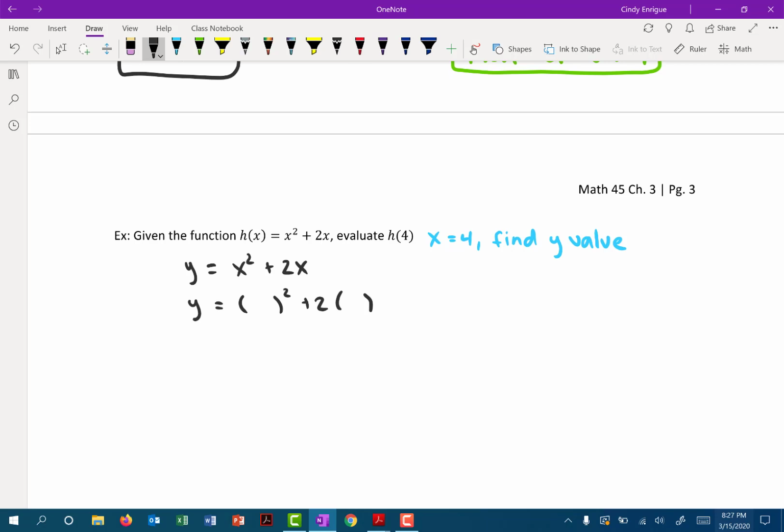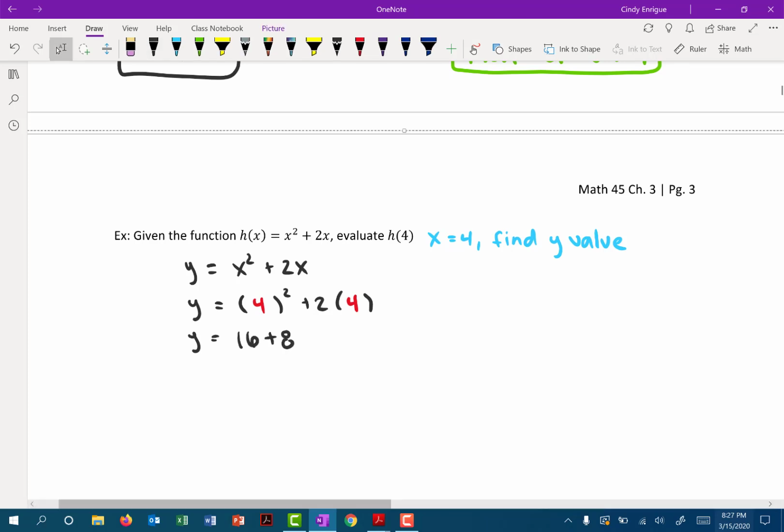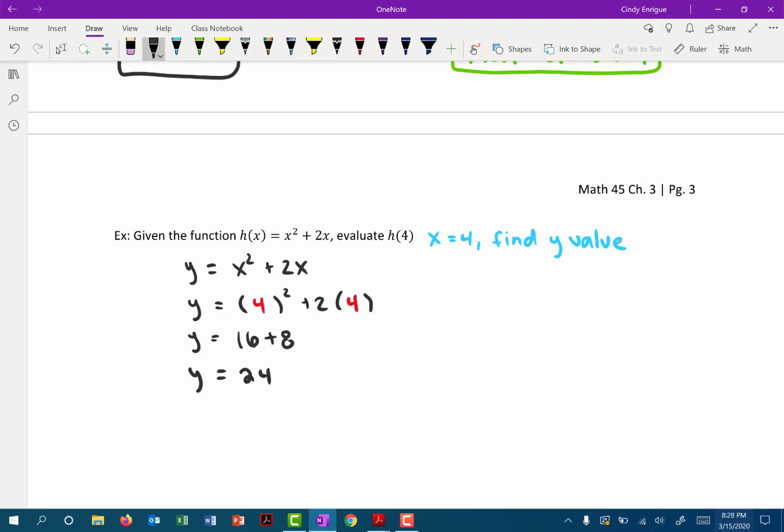So the x value that I'm plugging in happens to be 4. So I'm going to get 16 plus 8. So I'm going to get that y is equal to 24. And to make sure that I write it in my function notation, I'm going to say that h of 4 is equal to 24. And so that's going to be my final answer.